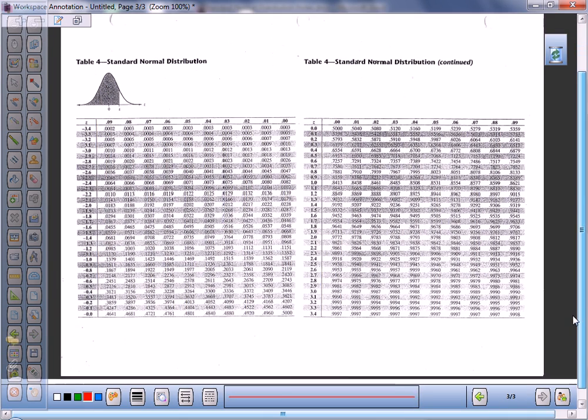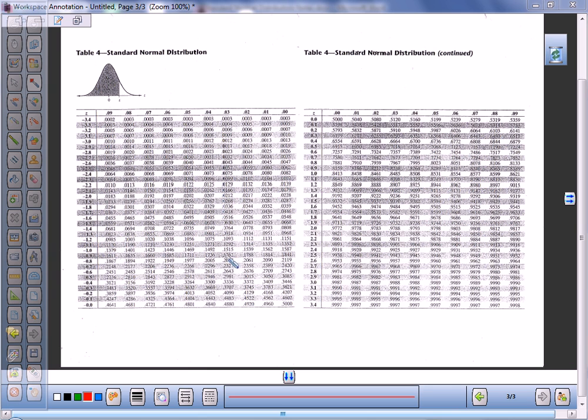So we're going to look for a z-score of -0.99. We come down this, because this is my negative here, and this is my positive side here. I'm going to look down the negative till I get to -0.9, and it is right here. Then I'm going to look over until I get to the 0.9.